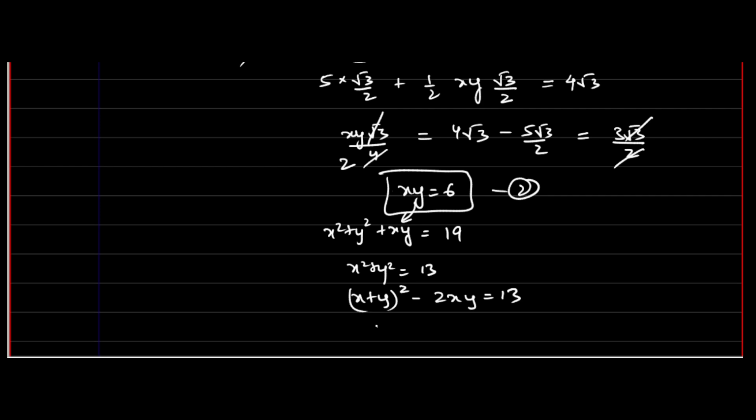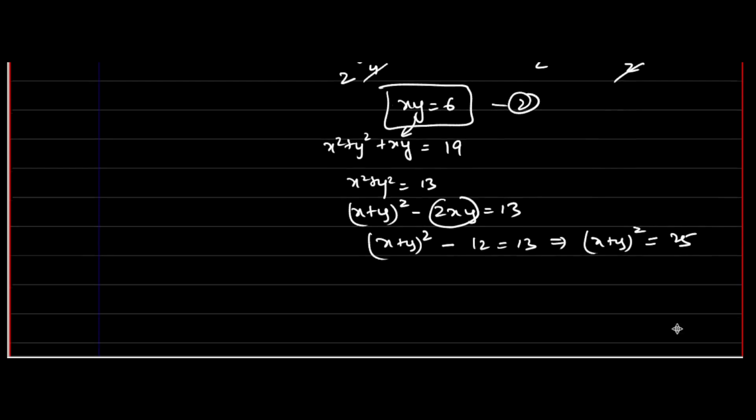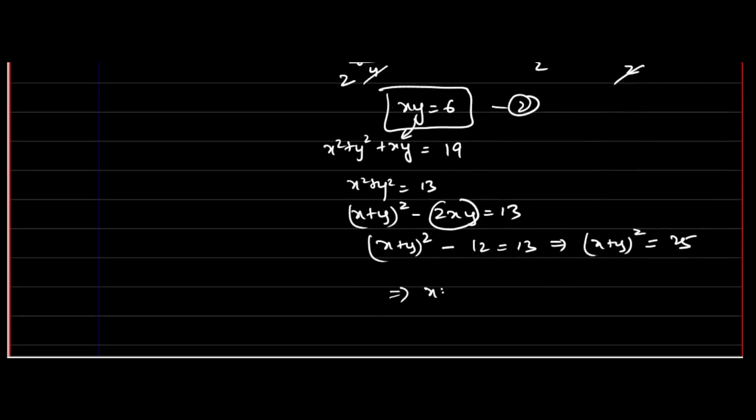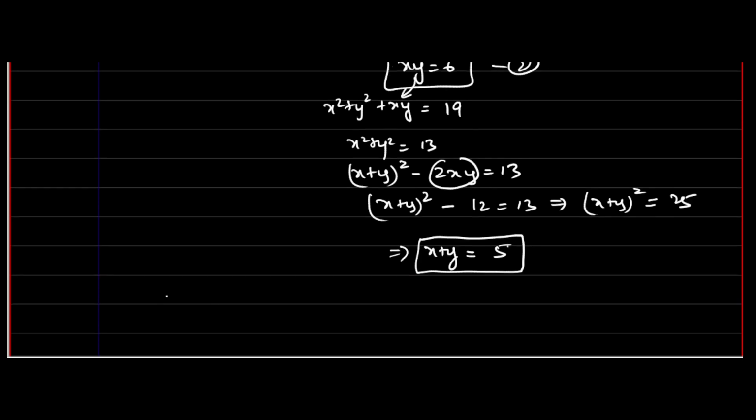We already know the value of x into y, so this becomes 12, and x plus y whole square we are getting as 25. So x plus y is 5. It can't be minus 5 as x and y are sides of a quadrilateral. We are getting x plus y as 5.